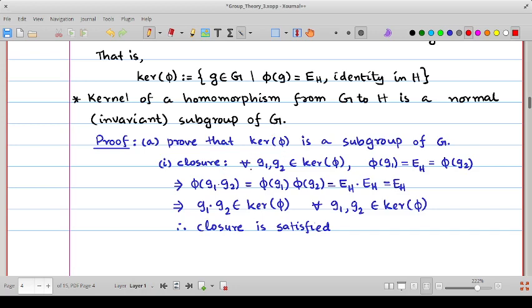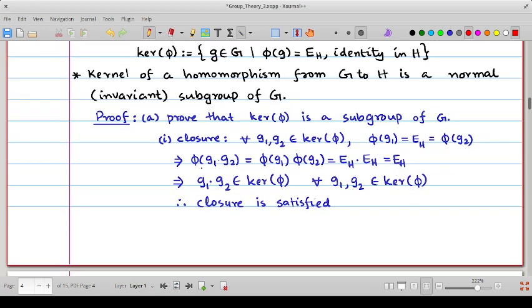So first check closure. Suppose G1 and G2 are elements of kernel of phi. So that means these two elements get mapped to EH under the map phi. So phi of G1 is equal to EH, and similarly phi of G2 is also equal to EH.